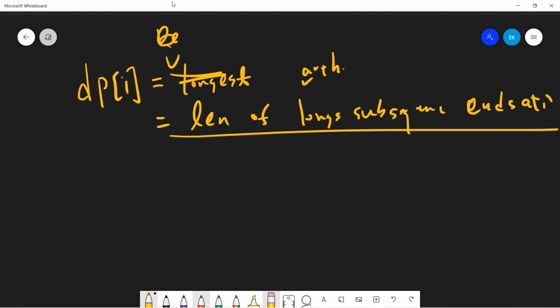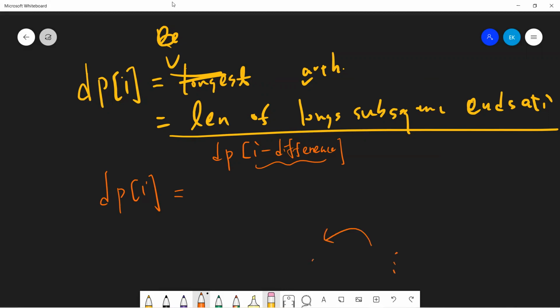So how should I give the transition equation? Since we know the difference, I can ask whether DP[i minus difference] exists. If DP[i minus difference] has a number, that means i minus difference is here, and it gives the longest arithmetic progression ending there.